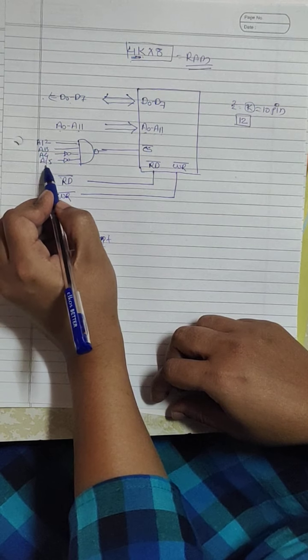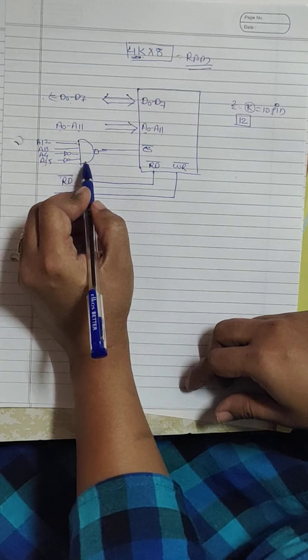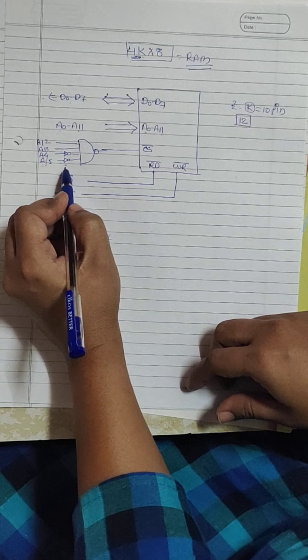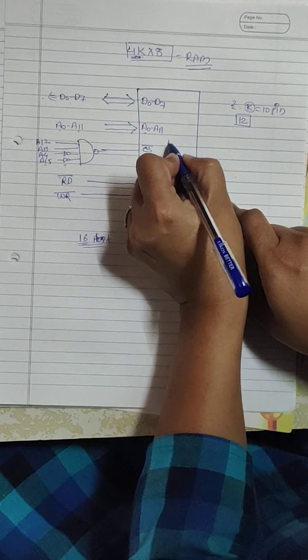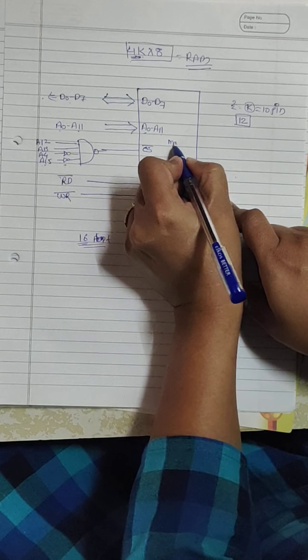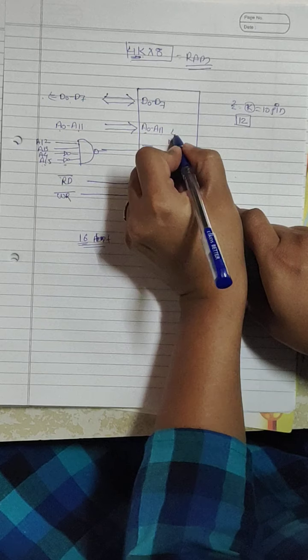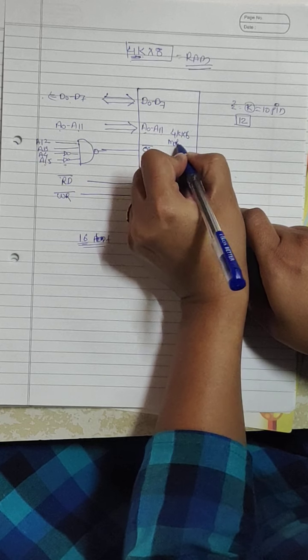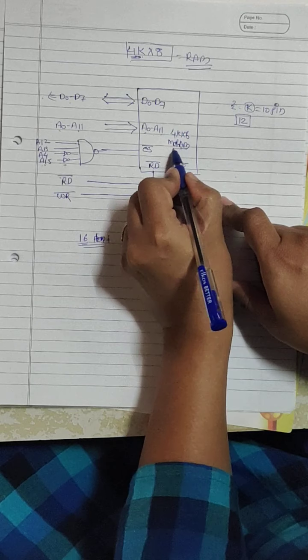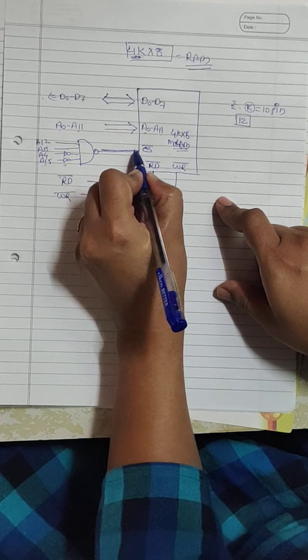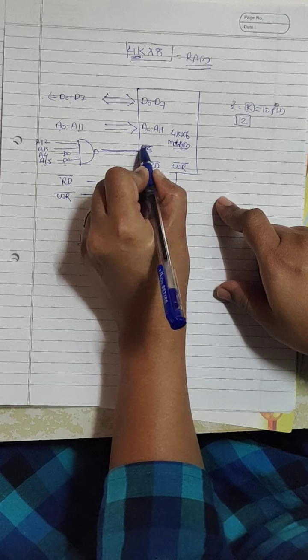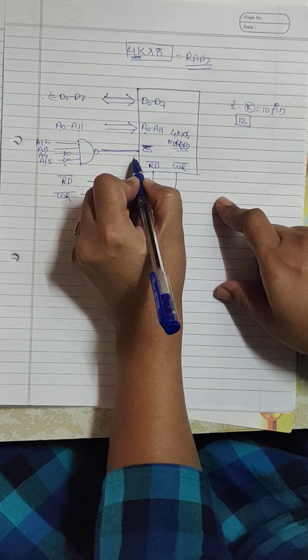A14 and A15 are applied to the NAND gate by using the NOT. What is the condition to enable this memory IC? This is our 4K x 8 RAM IC. For enabling this IC, the chip select signal is an active low pin, so it must be 0.